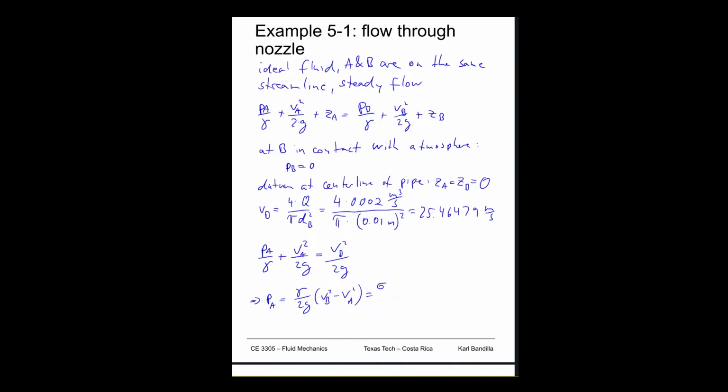Not sure, recently I've been writing sigmas instead of rhos. So it should be a rho times G over 2G, VB squared minus VA squared. Of course, the G's cancel out, so we get rho over 2 times VB squared minus VA squared.